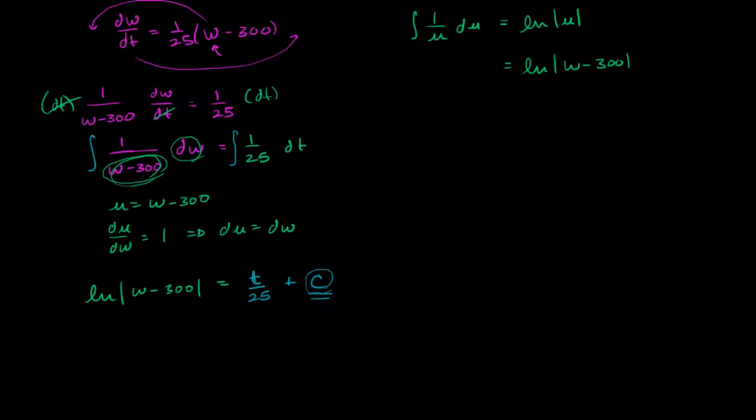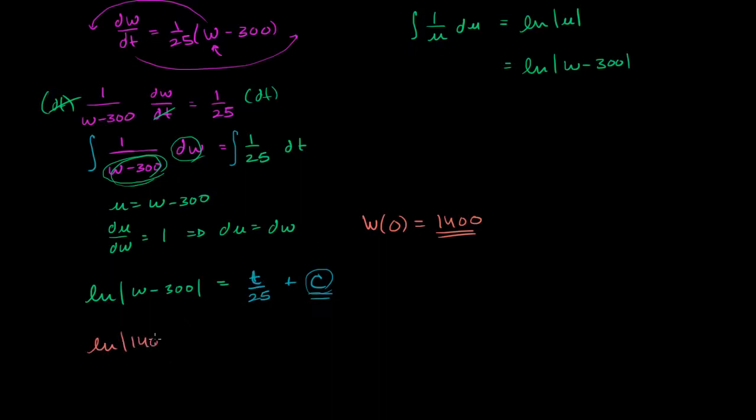We're told in the problem that w of 0 is equal to 1,400 tons. That's one of our initial conditions. So we know that when t is equal to 0, w is equal to 1,400.